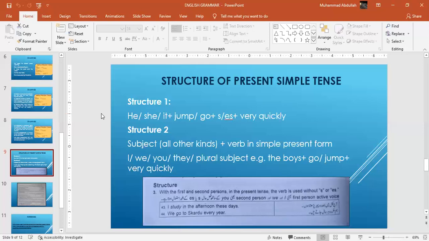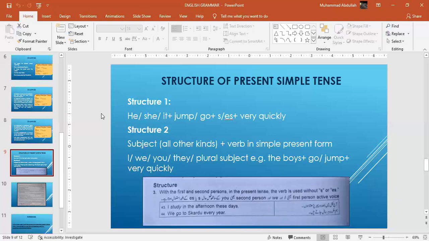Subjects of the other kinds, like any plural subjects, and other kinds also include I, we, you, they as well. Then comes verb in simple present form. It is only with he, she, and it that we use s or es. With other types of subject, we only use simple present form, that is the first form.